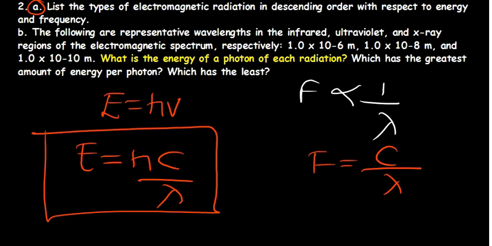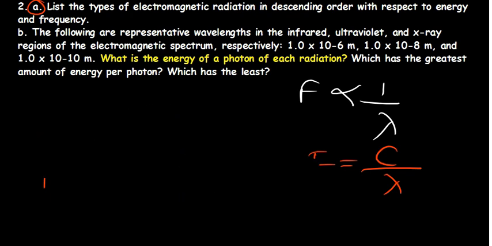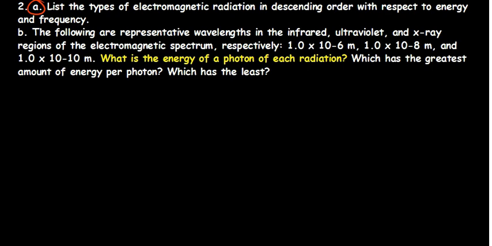So when they say list the types of electromagnetic radiation in descending order with respect to energy and frequency, we're focusing on the ones with high frequency. And then we descend. We arrange them in descending order from the highest to the lowest.